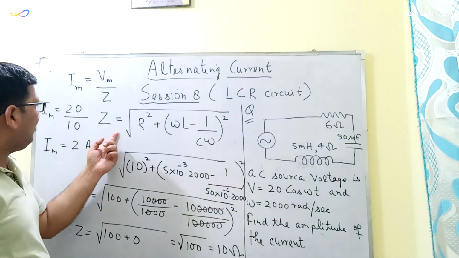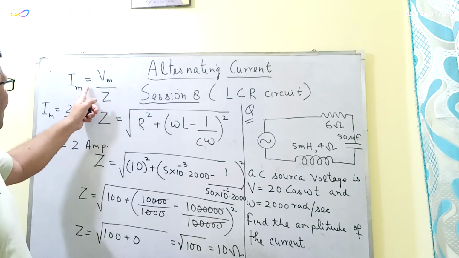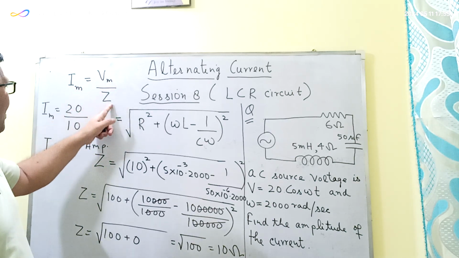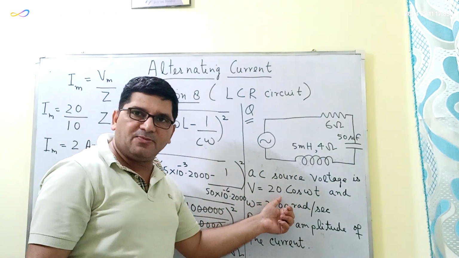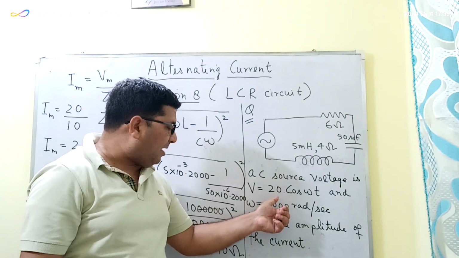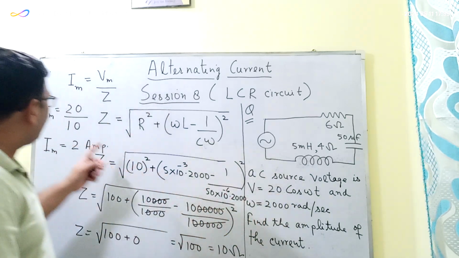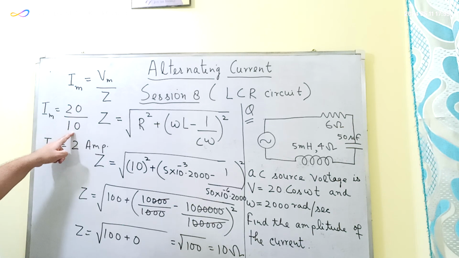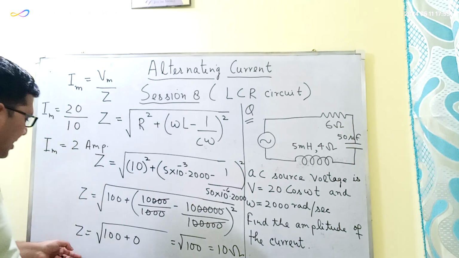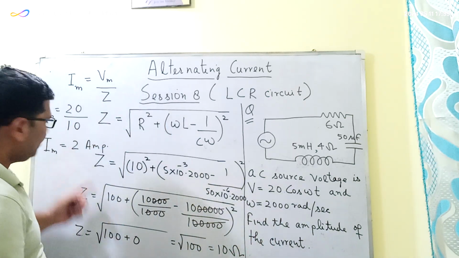After calculating the value of Z, the amplitude of the current can be calculated by this formula, Im is equal to Vm upon Z, where Vm is the amplitude of the oscillating potential difference, that is 20 volts. So I have substituted this value as 20, and Z was equal to 10. So the value of the amplitude of the current is equal to 2 ampere.